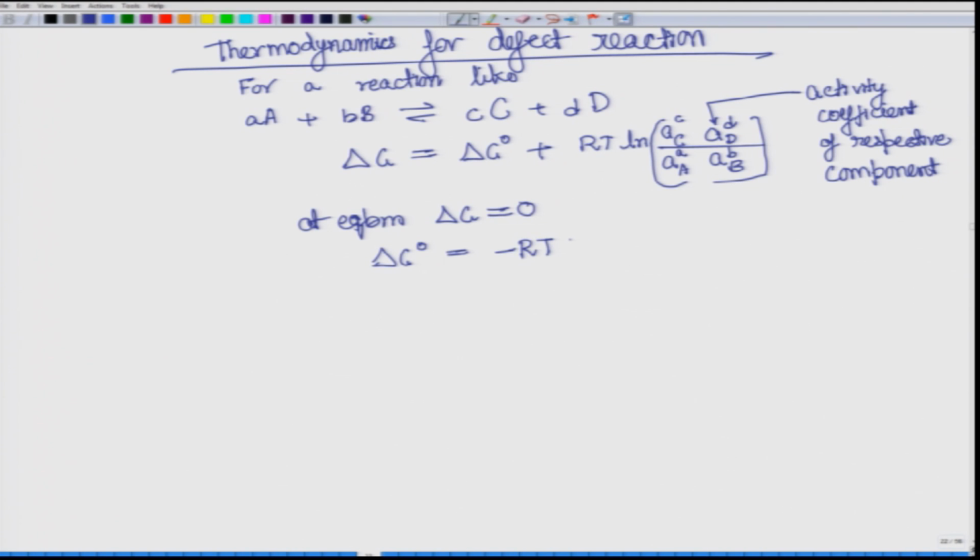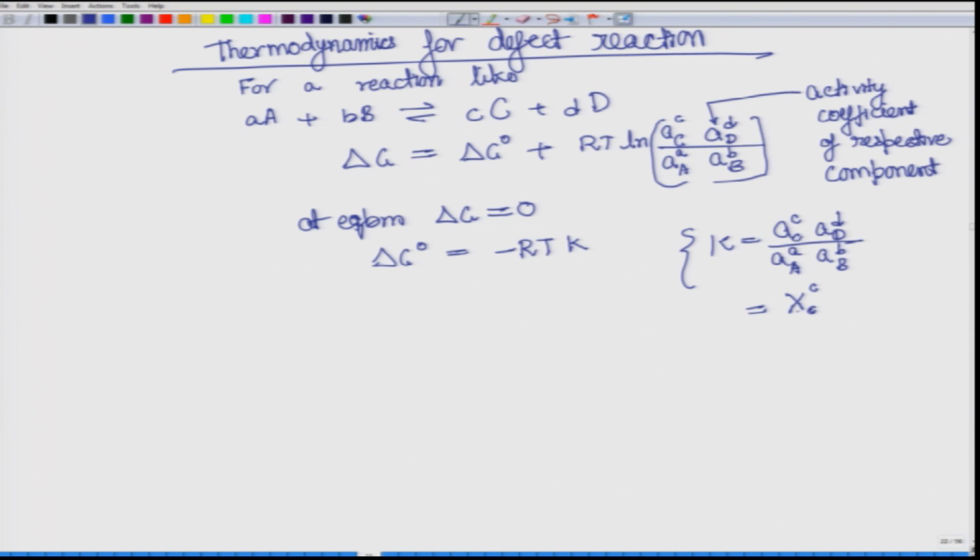If we represent this by K, meaning K is equal to this quantity, this quantity can be approximately said to be equal to the relative fractions.